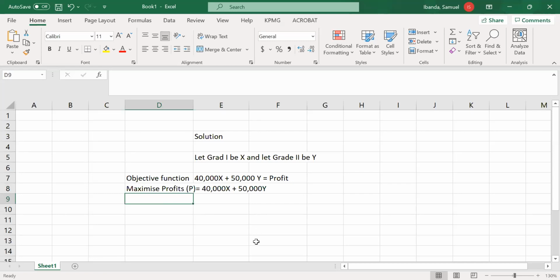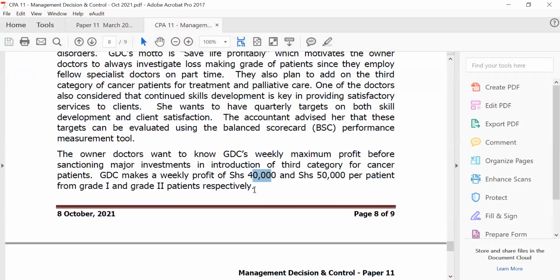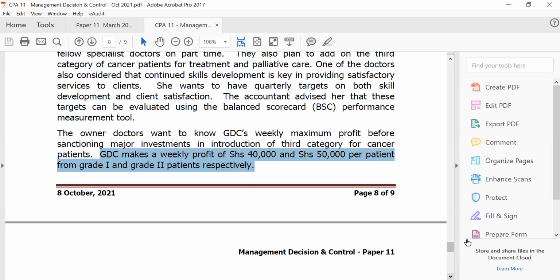Now, once we have that, we're going back to our question to see if we can get any other function, okay? That's our objective function. So coming back here, we've now made sense of this information. Sometimes they could be costs. They may tell you this is what they want to save in terms of costs.